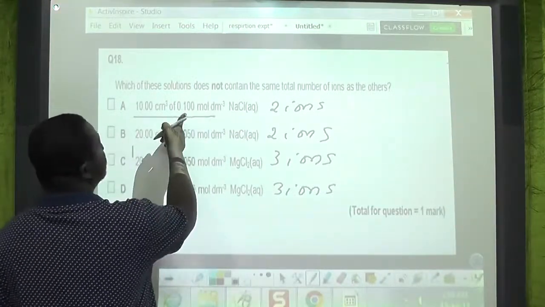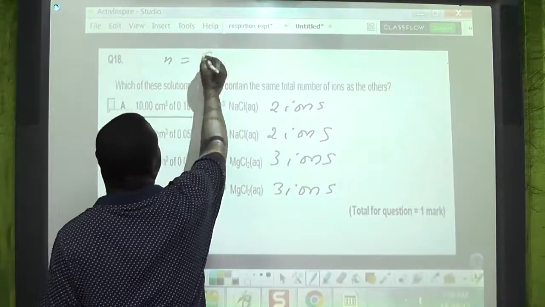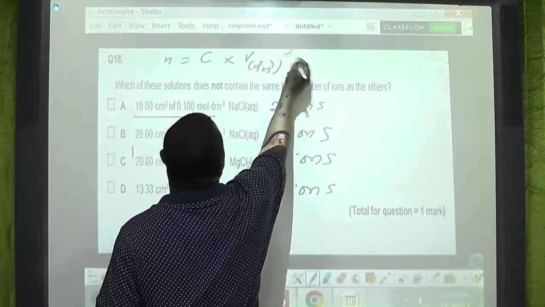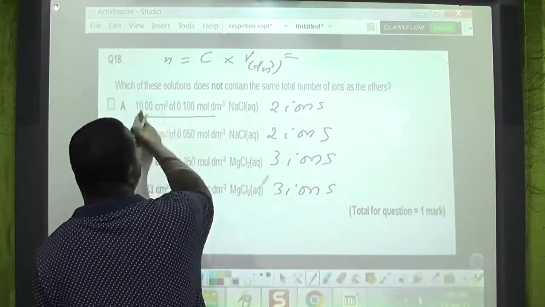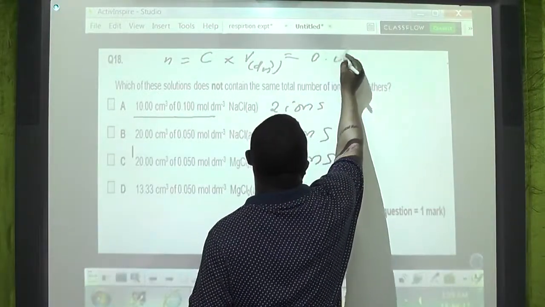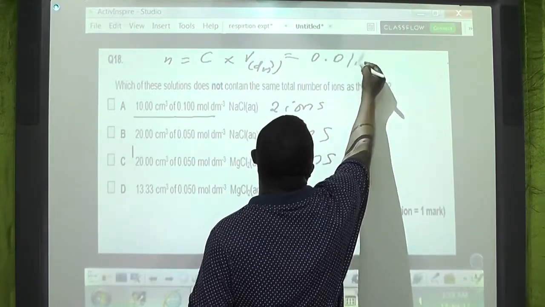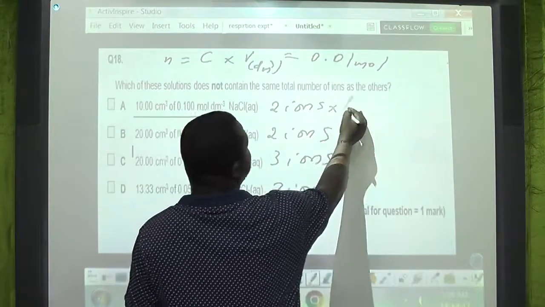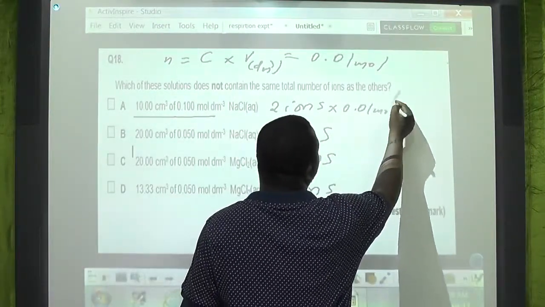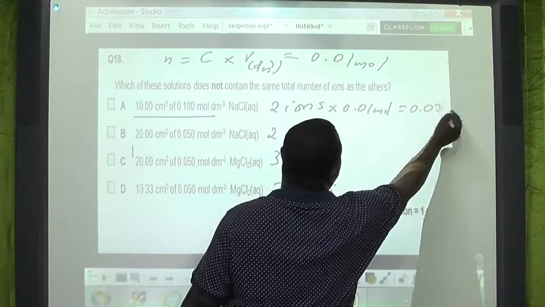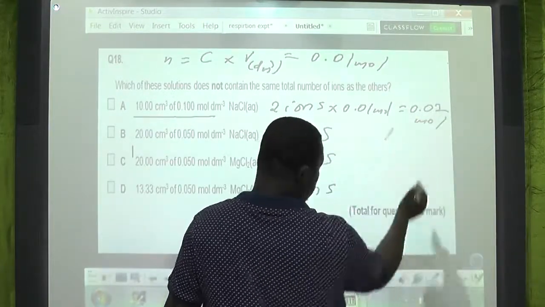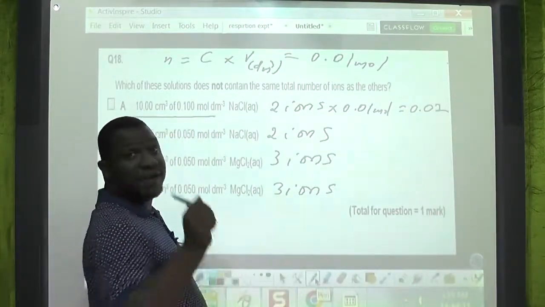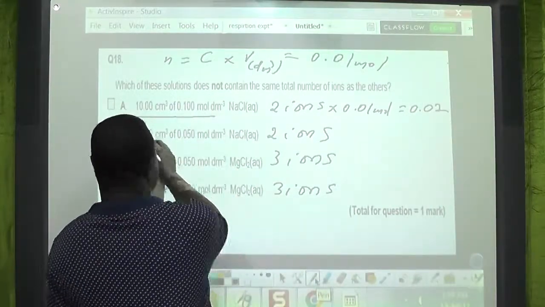If you calculate it, n equals C multiplied by volume in dm cube, or you use your 1000 thing, you are going to get 0.01 mole. So this will be multiplied by 0.01 mole, which is equal to 0.02 mole, multiplied by Avogadro's number of ions.